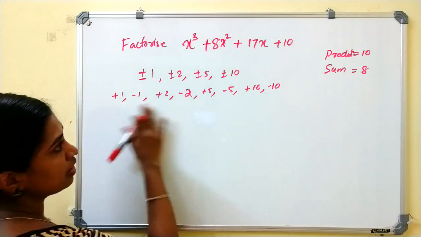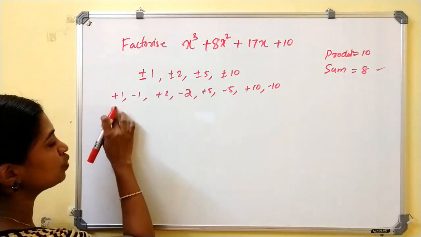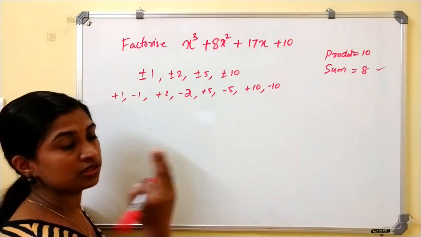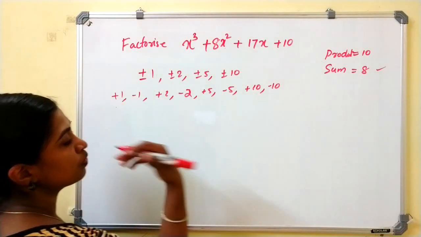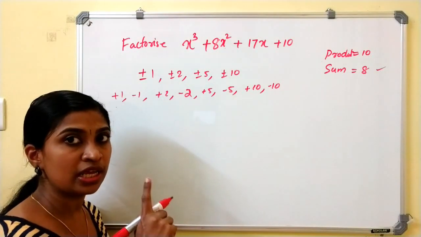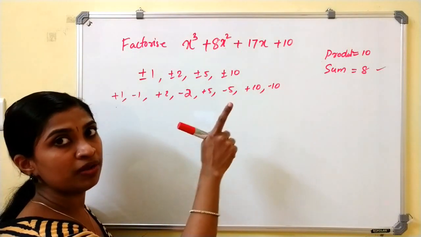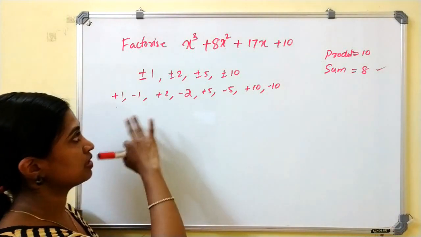We have to get the product as 10 and sum as 8. So we have to choose 3 numbers from these which will lead to product as 10 and sum as 8. In a quadratic equation we choose 2; in a cubic polynomial we have to choose 3 numbers.